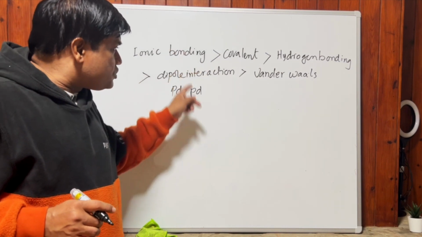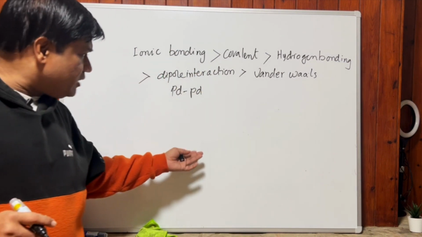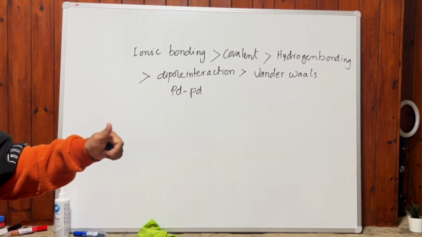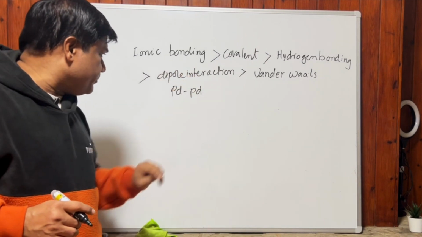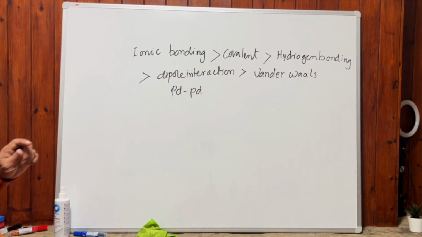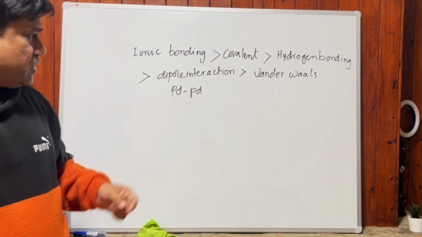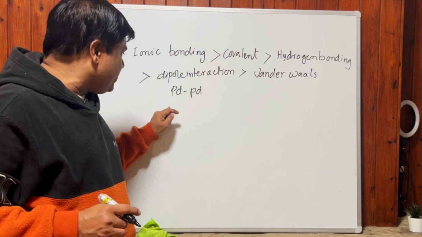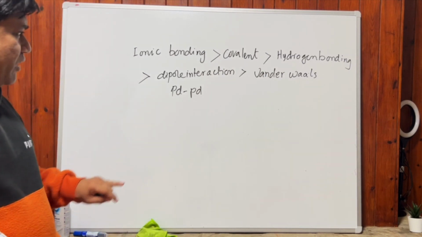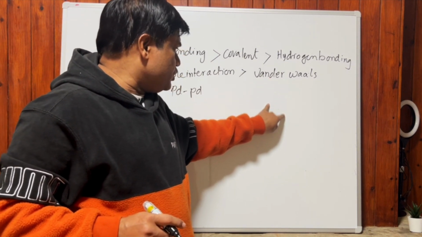One of the molecules should contain a hydrogen atom, and the other should contain either nitrogen, oxygen, or fluorine. Van der Waals force of attraction is also a dipole interaction, but mainly dipole interaction meaning PD is present in polar molecules, and van der Waals force of attraction is present in non-polar molecules.